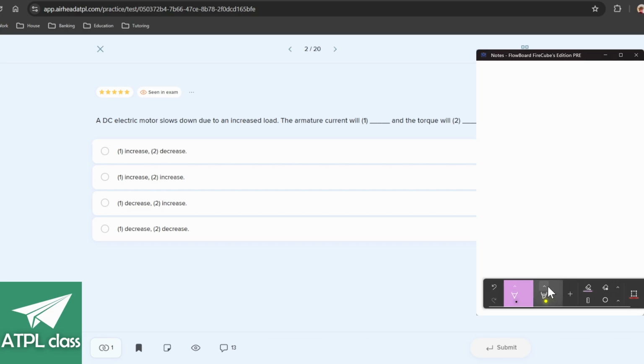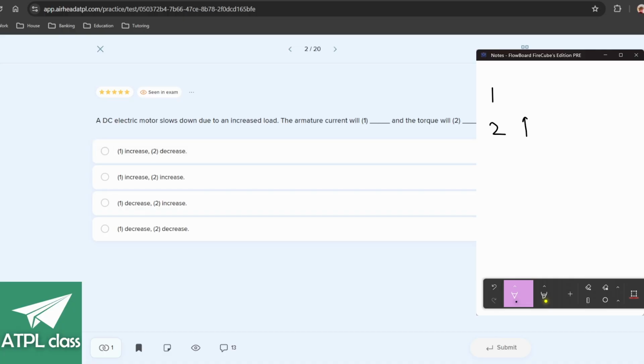So in order to not confuse ourselves, option 1, option 2, the armature current will something and the torque will something. So if there's an increased load and it's slowing down, that means the torque on the armature has gone up and it's got to push more. So that's gone up.